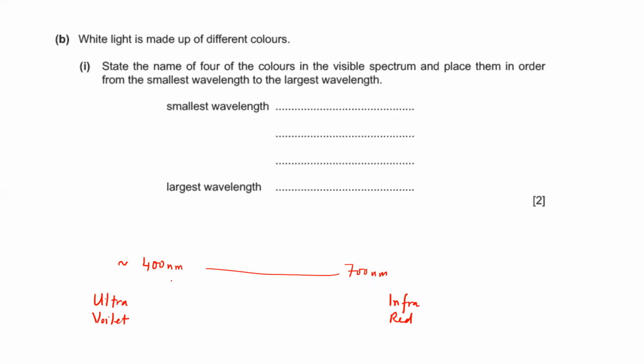So ultraviolet generally is the lower wavelengths, so UV, ultraviolet, and we have VIBGYOR.